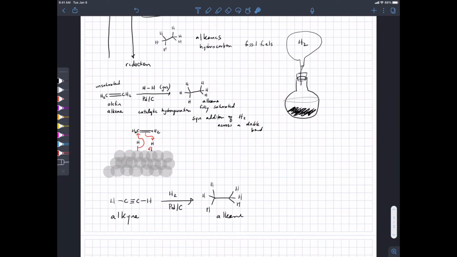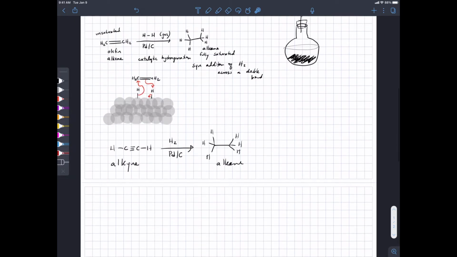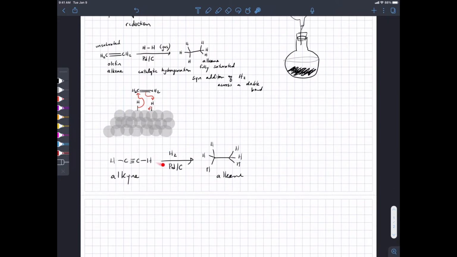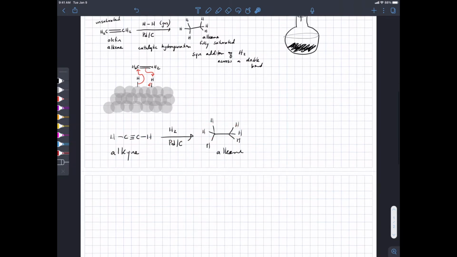We just go to the hydrogen tank and fill up a balloon, not big enough to pop, and then stick that on the needle on the top of the flask, and that's usually enough to drive the reaction to completion. In general, we're using a vast excess of hydrogen relative to our starting material. Because of that, the alkyne goes all the way to the alkane.